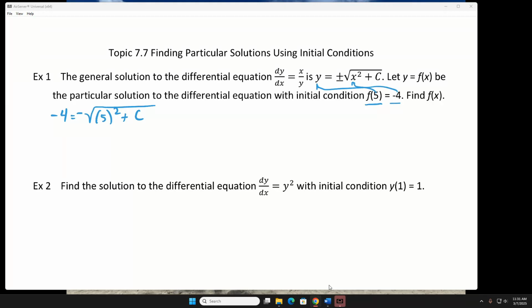All right, and then the negatives kind of cancel each other out. And we want to solve this for c. And so what we would need to do at this point is to square both sides.